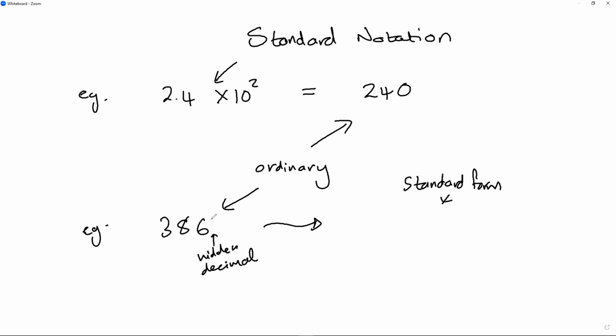So if I want to convert it into some 3.86, I want to get it to 3.86 and multiply it by 10 to the power of something, and I want to figure out what that something is, I have to move the decimal 2 spaces to the left. And so I end up with 3.86. But because I move the decimal to the left twice, this power becomes 2.